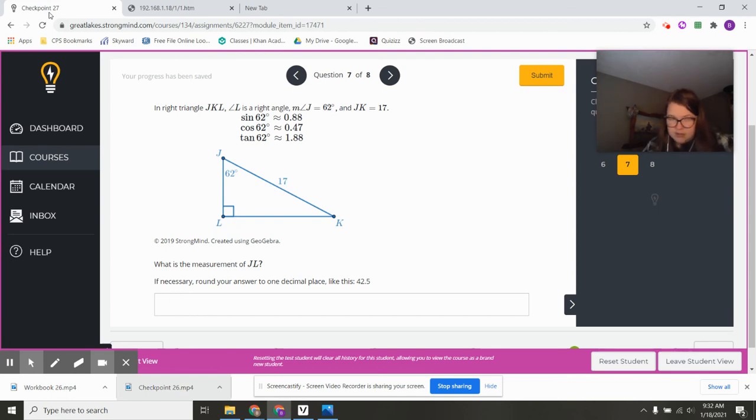JL is the adjacent side, and I'm given the hypotenuse. So I can tell that that is cosine because we have adjacent and hypotenuse. So the cosine and the angle is 62. The adjacent is what I don't know, and the hypotenuse is 17.